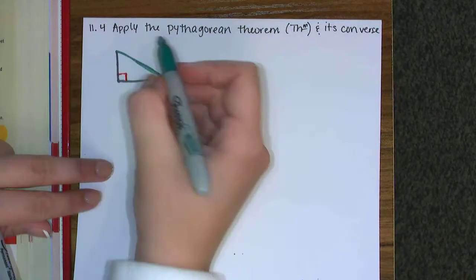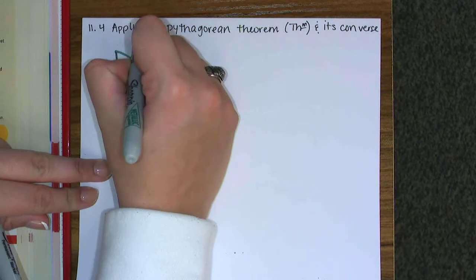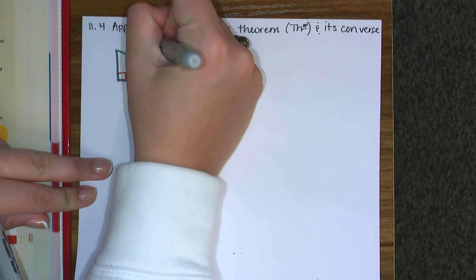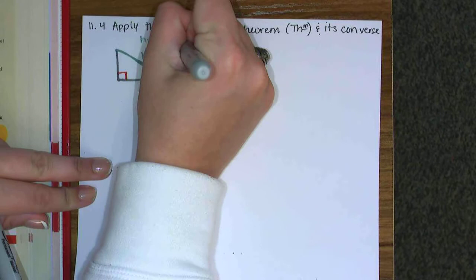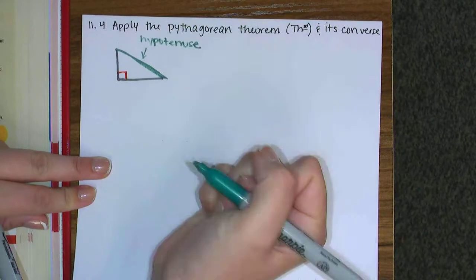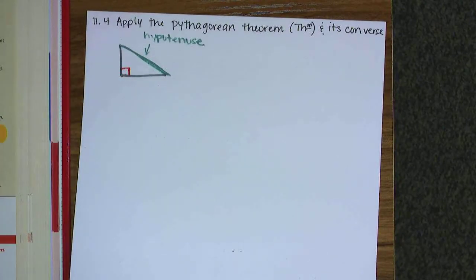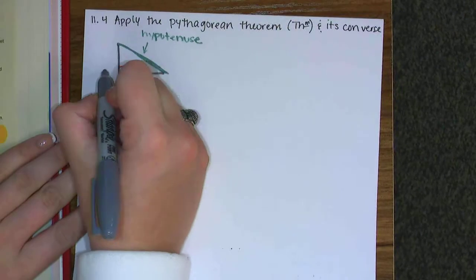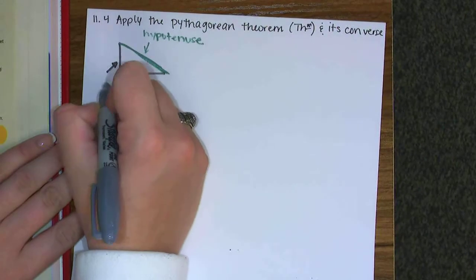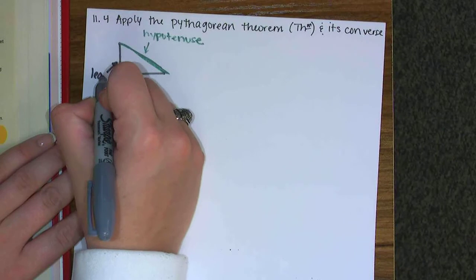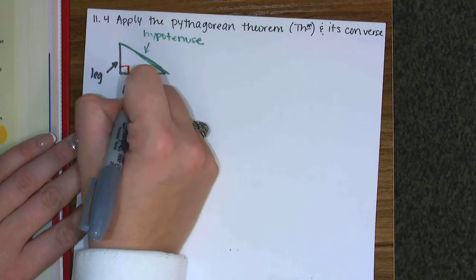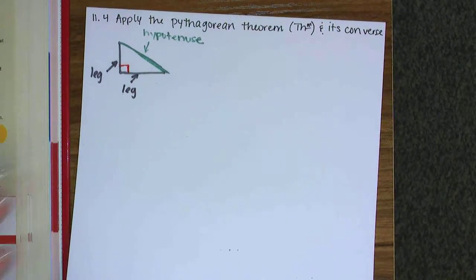This side here is what we call the hypotenuse. Apparently this marker doesn't want to write. The hypotenuse, guess you can't really tell that they're different colors, but that's green and this is supposed to be gray. Since that marker's not working, it didn't end up turning out that way. And then this side and this side, we call these the legs, okay, of the triangle.